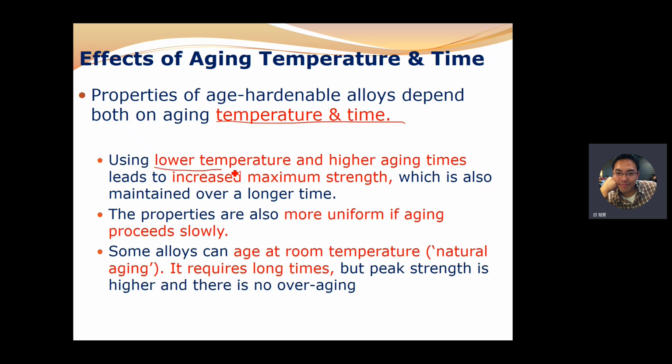Use a lower temperature for aging and a longer aging time. The properties are also more uniform if aging proceeds slowly. Some alloys can age at room temperature. That's called natural aging. It requires a long time, but peak strength is higher and there's no over-aging, of course, at room temperature.